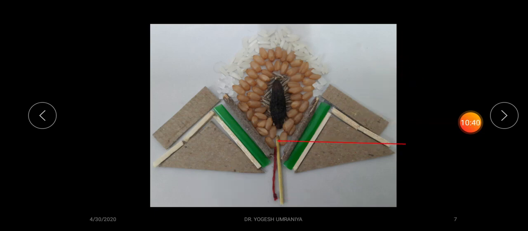Next one, this central area is referred to as the pulp cavity.